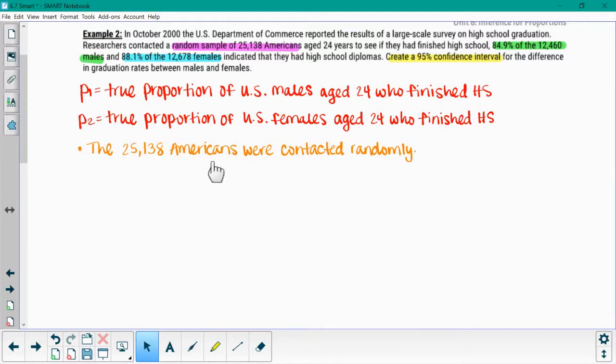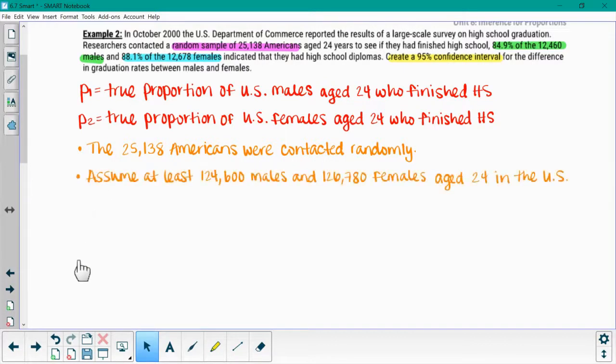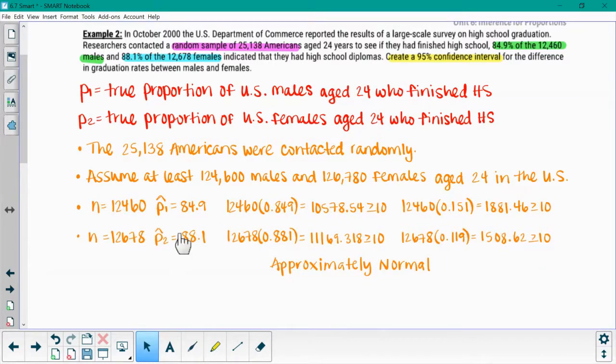I just said the 25,138 Americans were contacted randomly. The next thing, we can assume that there are at least 124,600 males and 126,780 females aged 24 in the US. Again, makes sense.